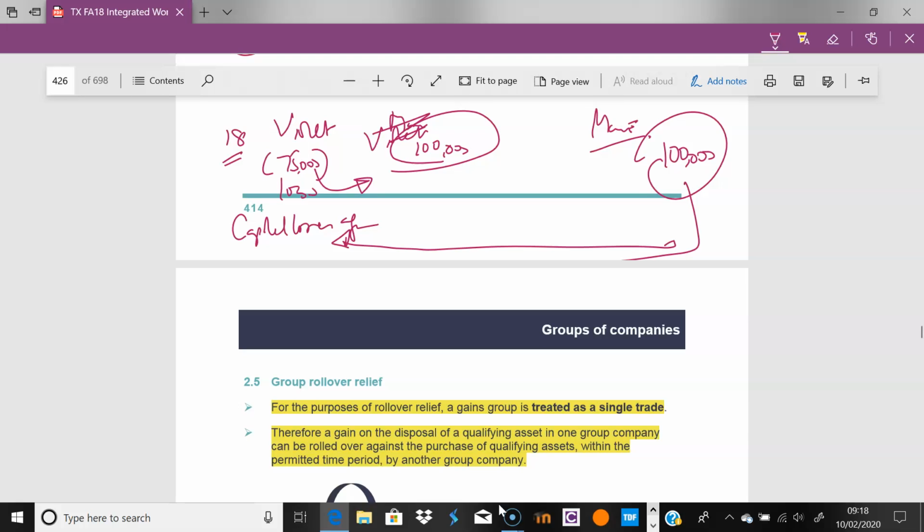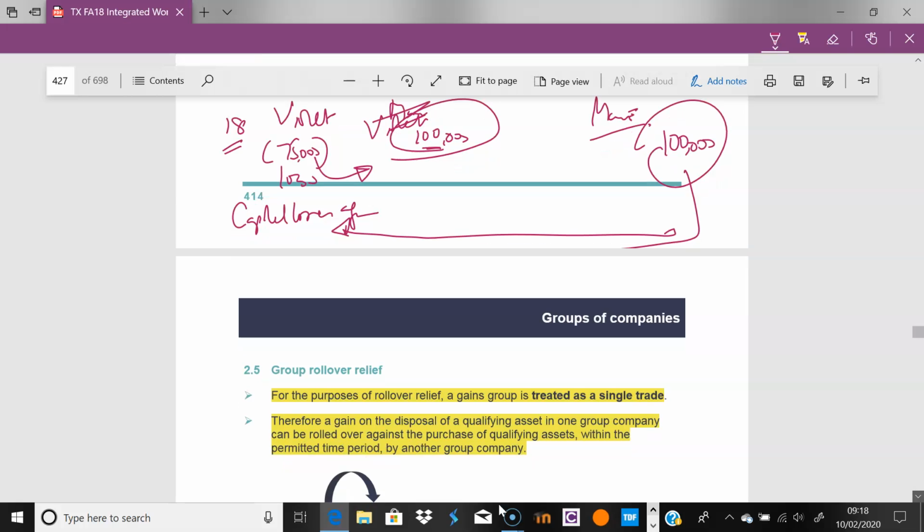So Maeve has to give Violet the asset so that Violet can use the loss against it. She can bring forward the loss, but only against assets in her own books. She can't just transfer the loss, because they were different periods. And that's how we deal with that.